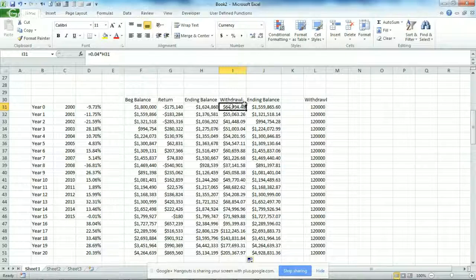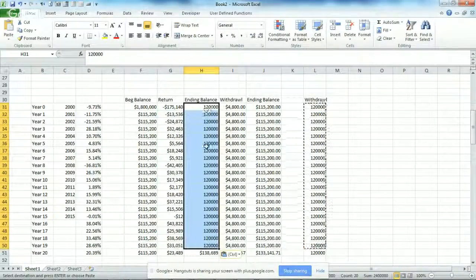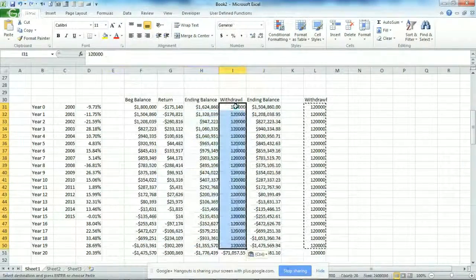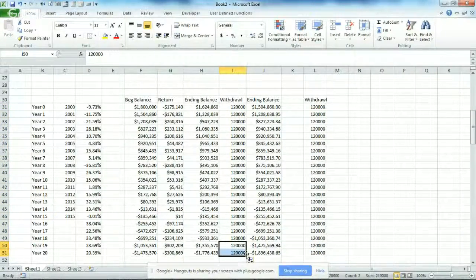So let's say you want to be able to withdraw $12,000 every year. Oh, I should put it in the withdrawal side. So if you want to withdraw $12,000 every year, you know that based on this scenario, you'll run out of money in 2012.